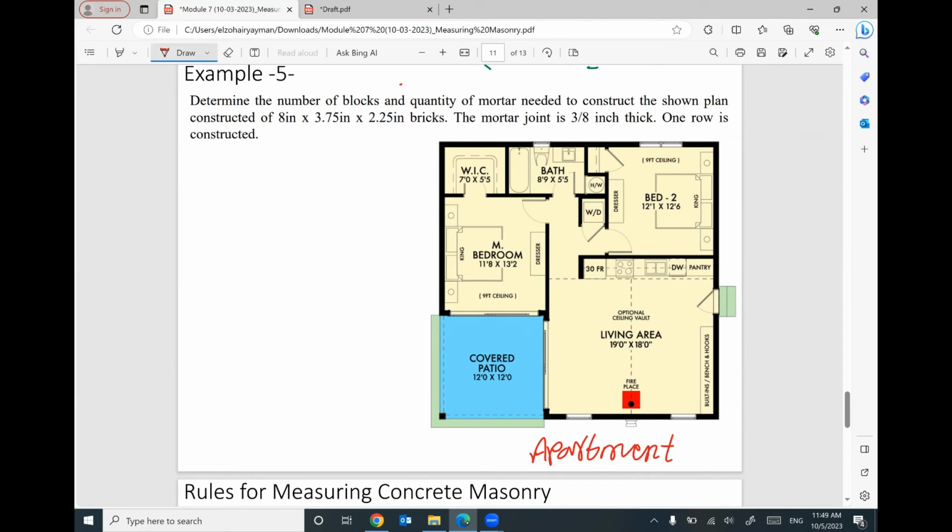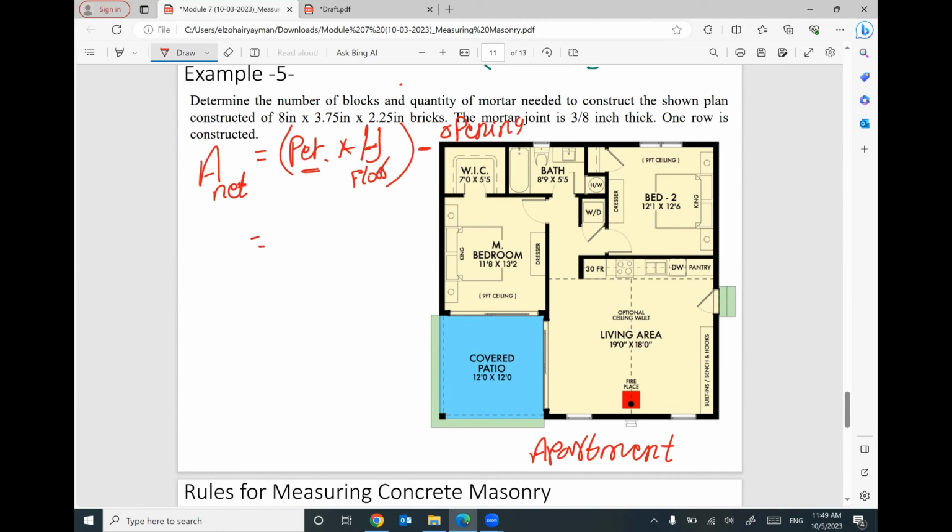I need first to figure out the net area of the wall. To figure out the net area, it is the perimeter by the height of the floor, then you have to subtract the openings. Very easy.